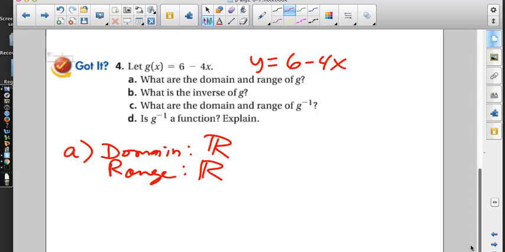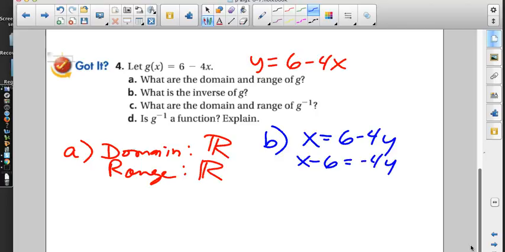All right, let's look at B. B says, what's the inverse of g? How do we do it? Switch the x and the y. Then what? Solve for y. So x minus 6 equals negative 4y. Divide everything by negative 4. Do a little simplifying.